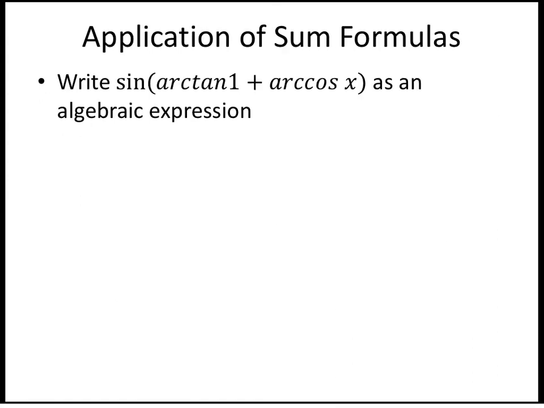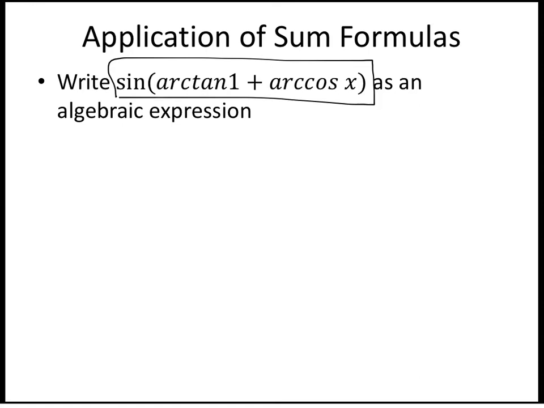So now let's look at another application of this, and that's writing things as algebraic expressions. So we want to write the sine of the arctangent of 1 plus the arc cosine of x as an algebraic expression. Okay?